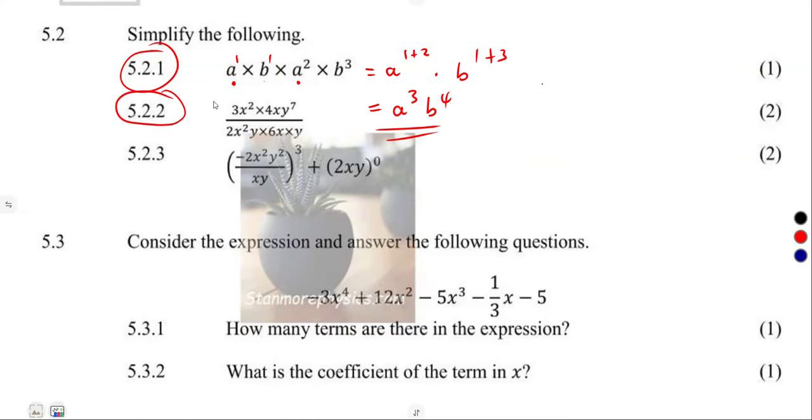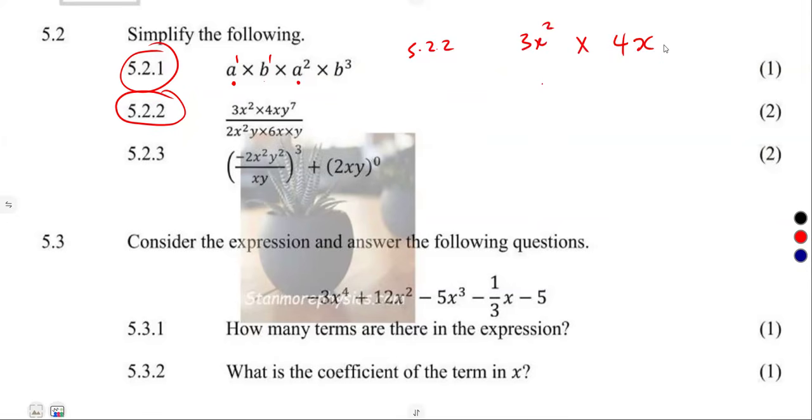So 5.2.2, you're given to simplify this again. Consider again the laws of exponents. Use that 3x squared times 4xy to the exponent of 7 over 2x squared y times 6x times y.